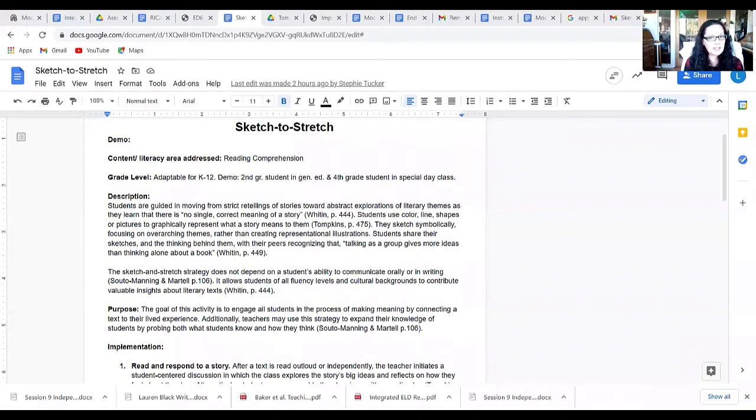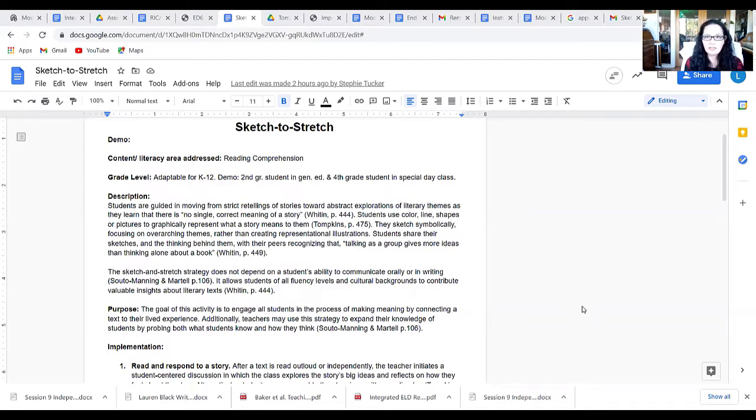about sketch to stretch. Sketch to stretch is a skill set that enhances reading comprehension, and it's adaptable for K through 12. Students are guided in moving from strict retelling of stories towards abstract explorations of literacy themes.